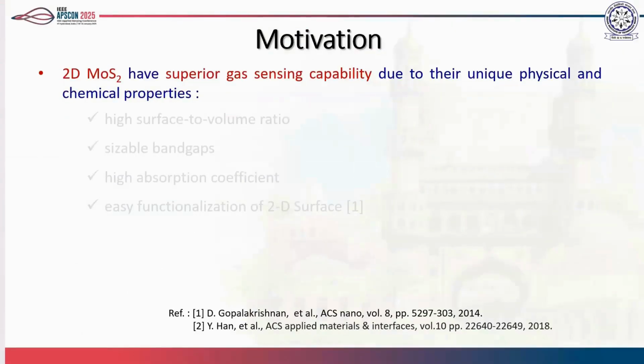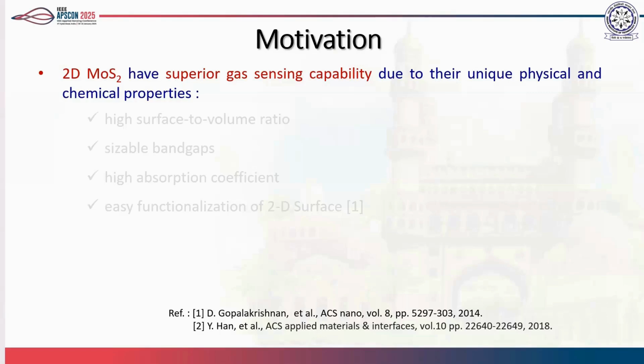Here we have used MoS2 as a sensing material because of its superior sensing capability at room temperature. It has a high surface to volume ratio, and its band gap can be tuned. Its absorption coefficient is high, and it can be easily functionalized with polymer or metal oxide or some other functional groups.